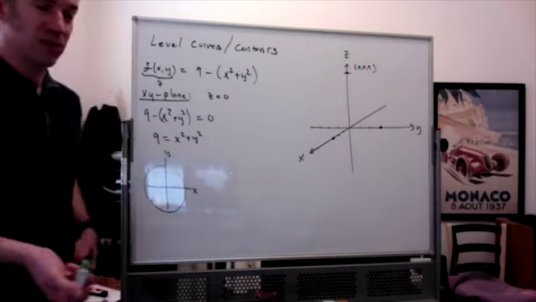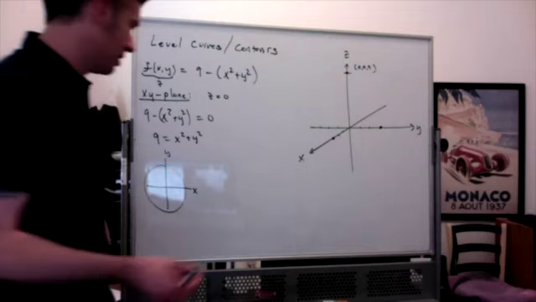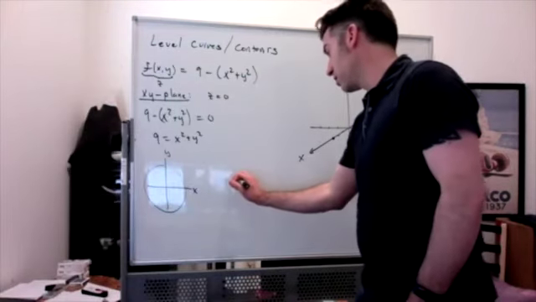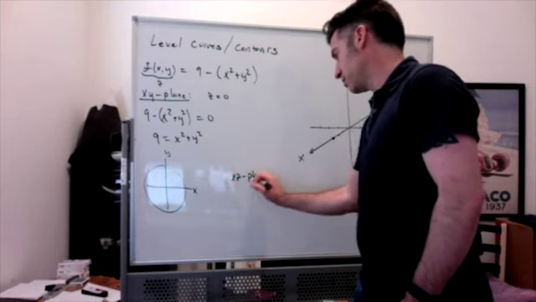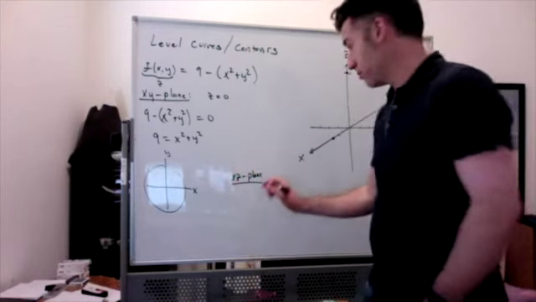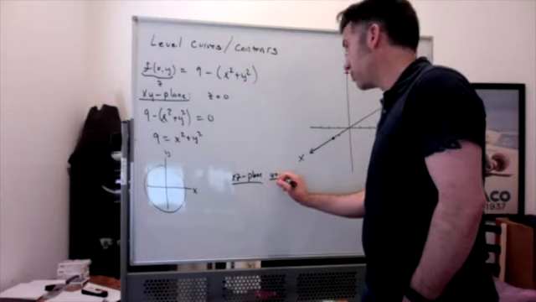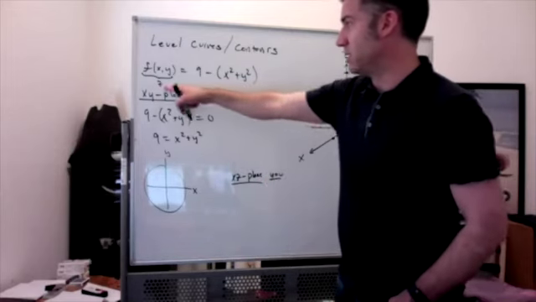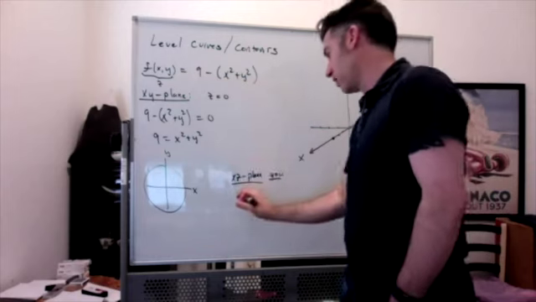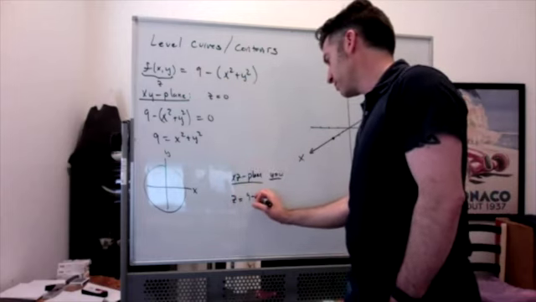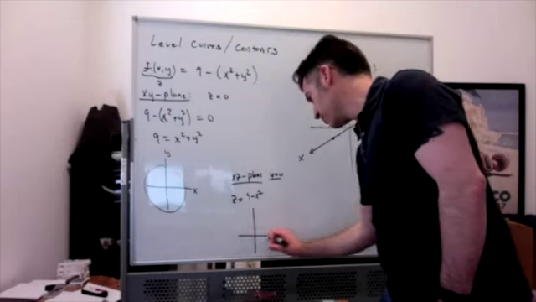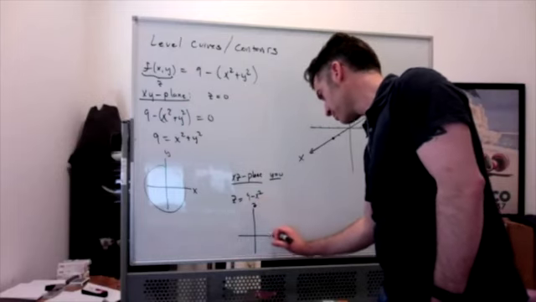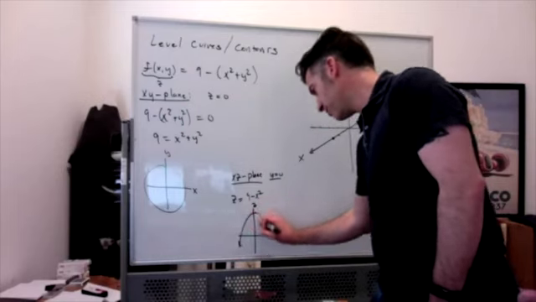We can also look at what's happening in the other 2 planes. We can look at what's happening in the xz plane, where y is equal to 0. If I set y equal to 0, I get z equal to 9 minus x squared. Well, that's just my downward opening parabola, which looks like that.